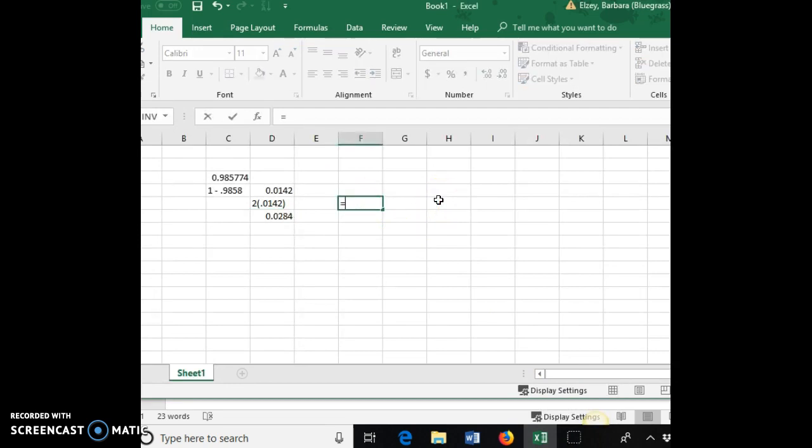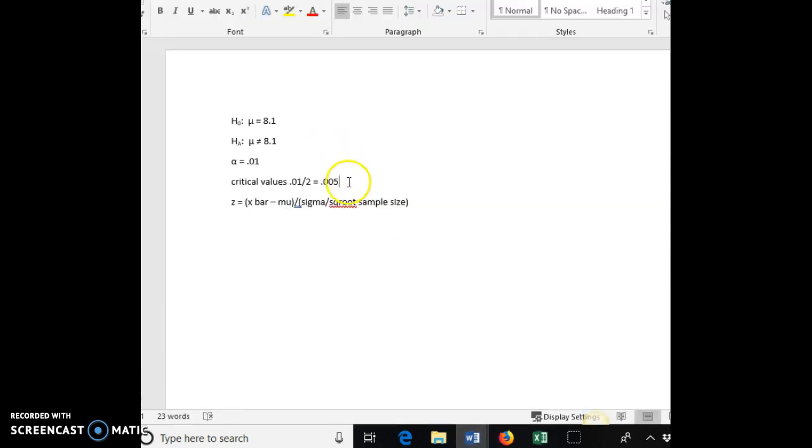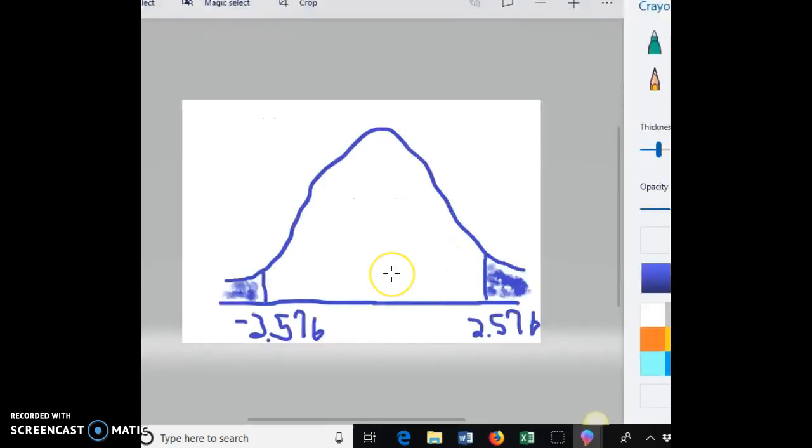So I'm going to do equal norm.s.inv 0.005, and that gives me negative 2.576. So our z-value for our critical values is negative 2.576, and then the other tail will be positive 2.576. So here's the idea in a picture. It's two-tailed.